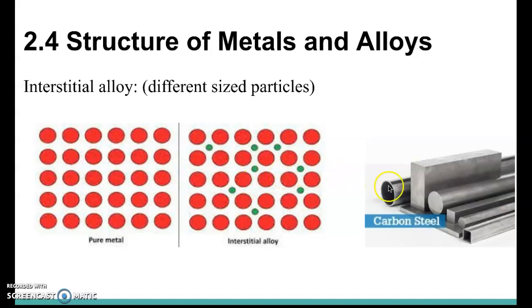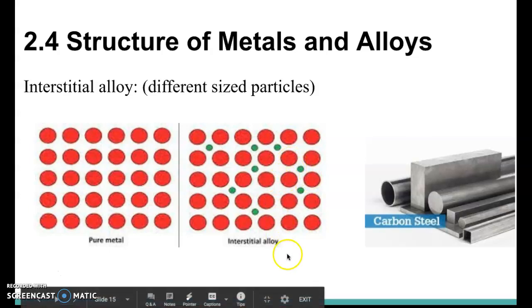A good example is carbon steel, where steel is mostly iron, and you can heat it together with some source of carbon, and those little carbon atoms will fit in between the iron atoms, and it'll give the iron some different properties. With these extra sources of attractive force, it'll make it a little bit more rigid, a little bit stronger, so it gives it some good properties to work with. So carbon steel is a good example of an interstitial alloy.